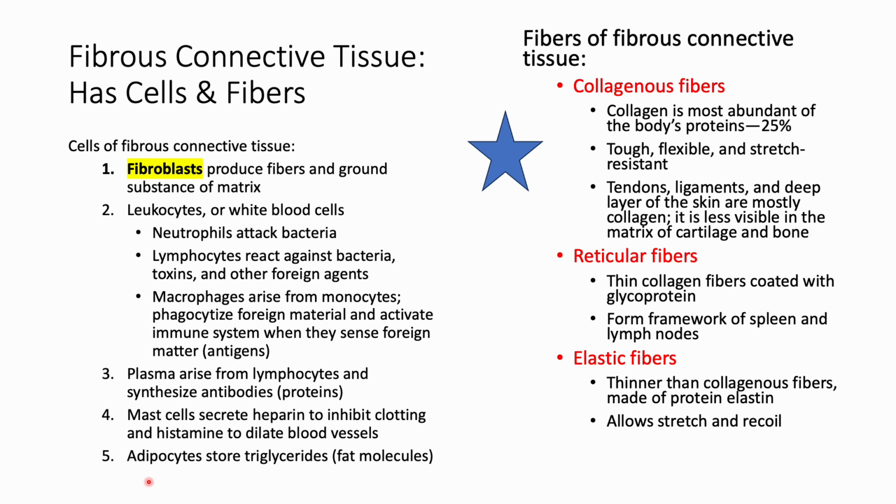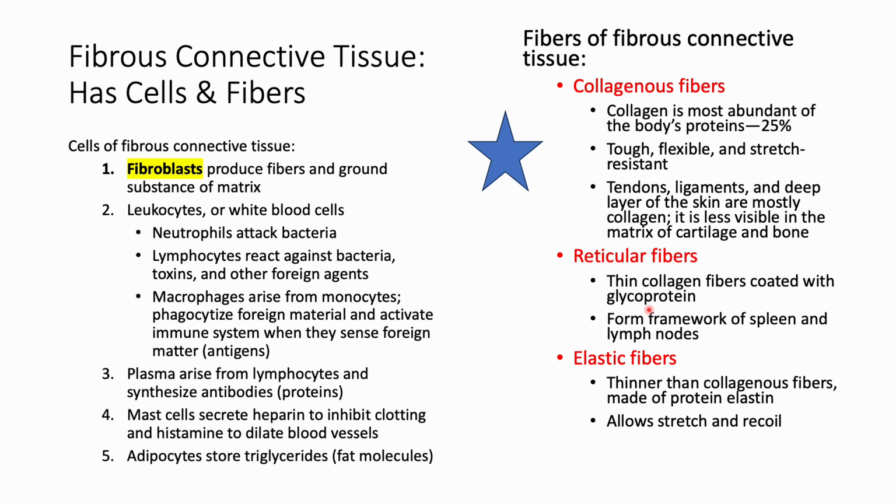You'll also find three different types of fibers. You will find collagenous fibers. They give flexibility, they are stretch resistant. You'll find them in tendons, ligaments, and deep layers of the skin. You'll find reticular fibers, thin collagen fibers coated with glycoprotein. They form the framework, so please keep that in mind, of the spleen, the lymph nodes, and your tonsils, for example.